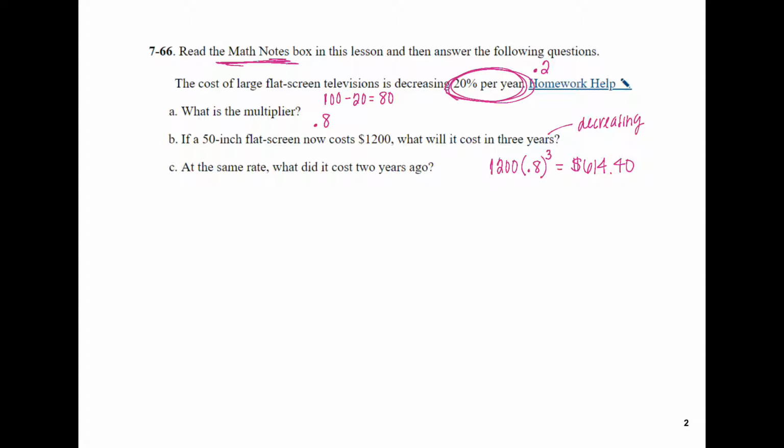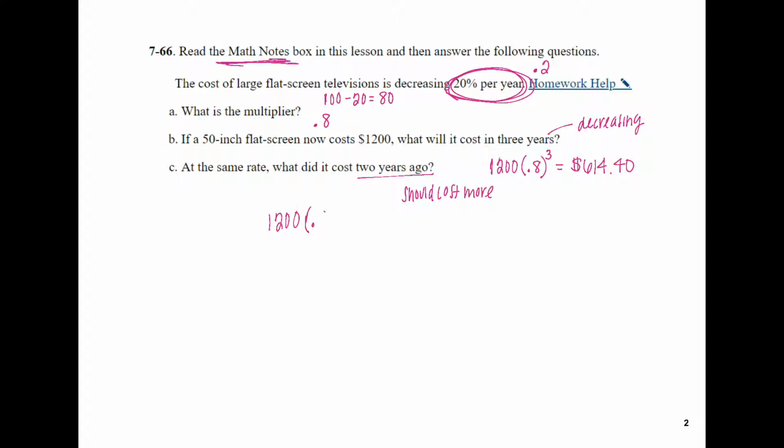At the same rate, what did it cost 2 years ago? So 2 years previous tells us that this should cost more. So if you do your math and it doesn't cost more, you need to reevaluate. So we start with our original amount of 1,200.